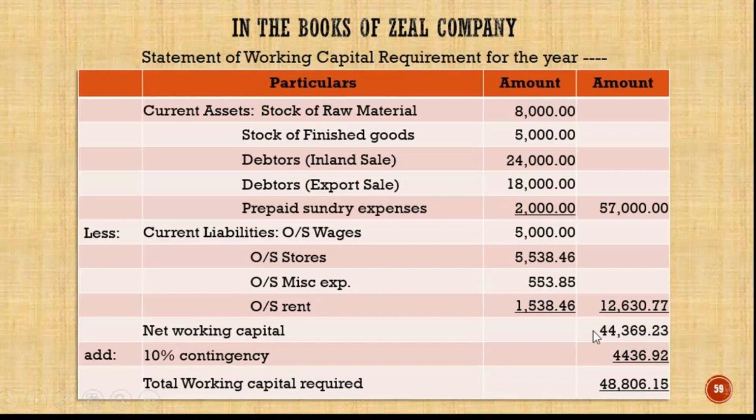On this figure, we have calculated 10%, and that is 4,436.92. And then we added this contingency into net working capital, and thus we received the total working capital requirement of the Zeal Company for a particular period, that is 48,806.15.